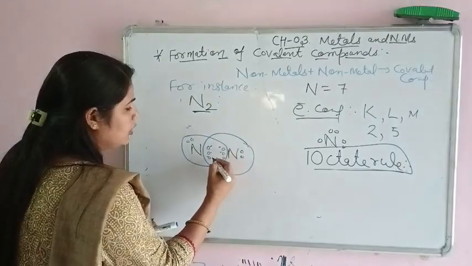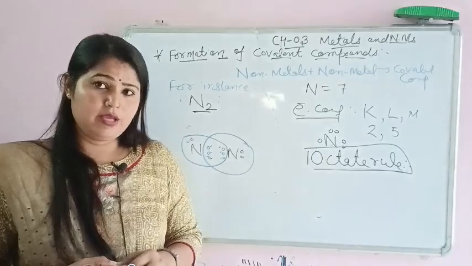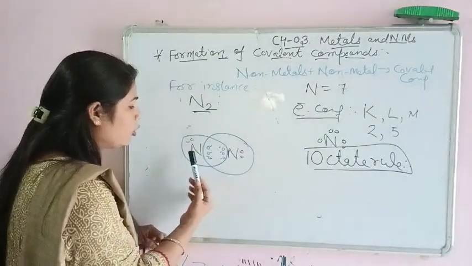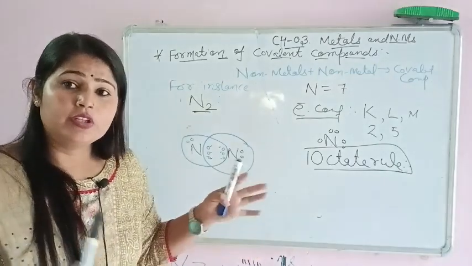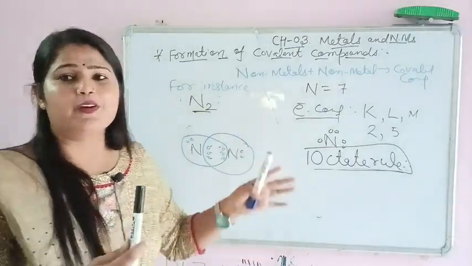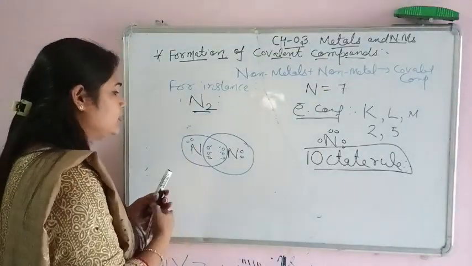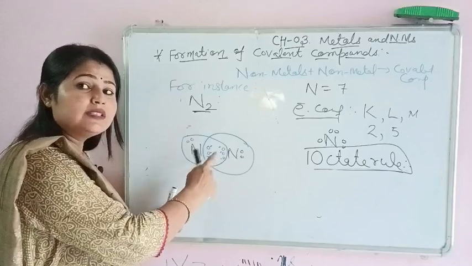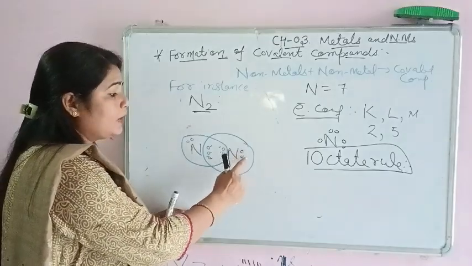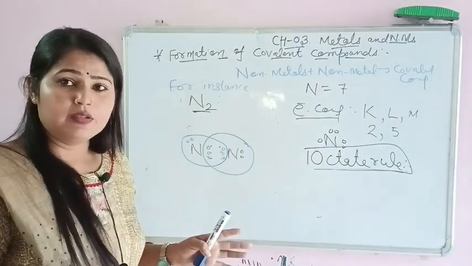These are the common electrons which are participating in the bonding, and these are the electrons which are not participating in the bonding. So two types of electrons are present in this molecule. One is the electrons which participate in the bonding, and the second is the electrons which do not participate in the bonding. Clear?